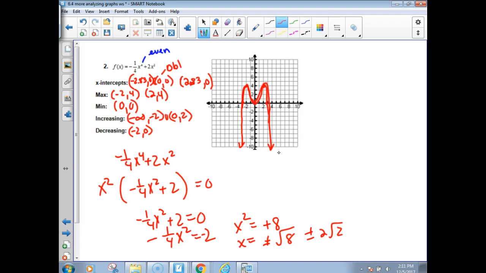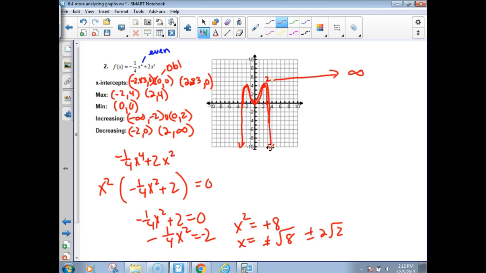And then it starts going down again. So from 2 to infinity, it's decreasing. No. I'm talking about x's. From 2, an x value of 2 to infinity, it's decreasing.